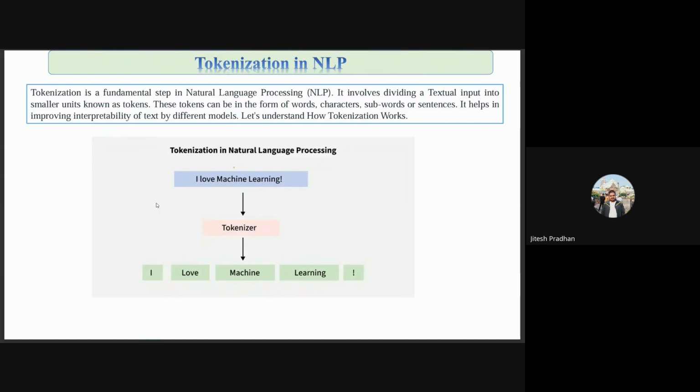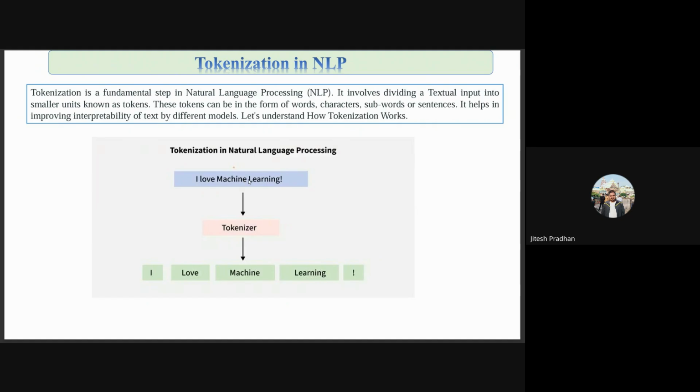Now, we can have different tokenization: word-level tokenization, character-level tokenization, subword tokenization, and sentence tokenization. Now let's talk about word-level tokenization. Then we will have a tokenizer. It's just a function. We have to pass this information to this function. Tokenizers are available in Python. Okay, on the last day, if you want, we can show it during the capstone project.